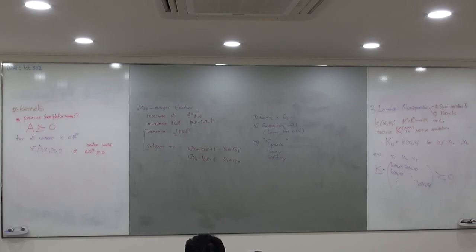This is positive semi-definite. And there are many positive definite matrices that are very important, and they appear repeatedly in mathematics and machine learning. So you should be very familiar with positive definite matrices.